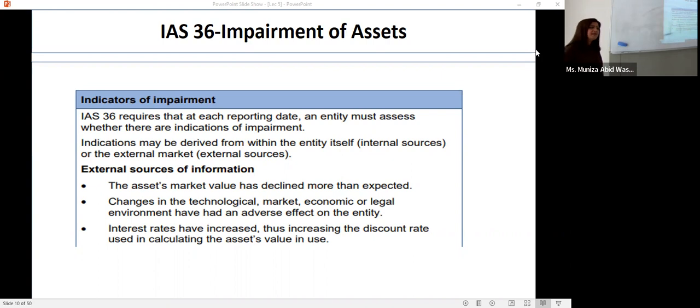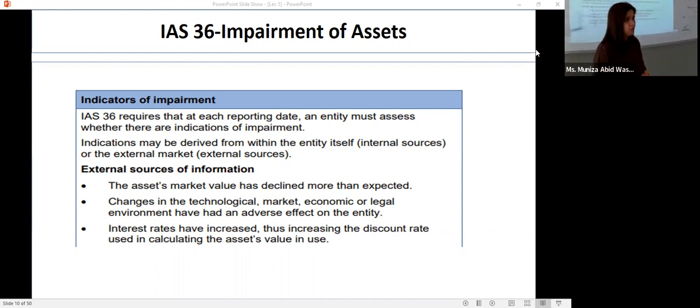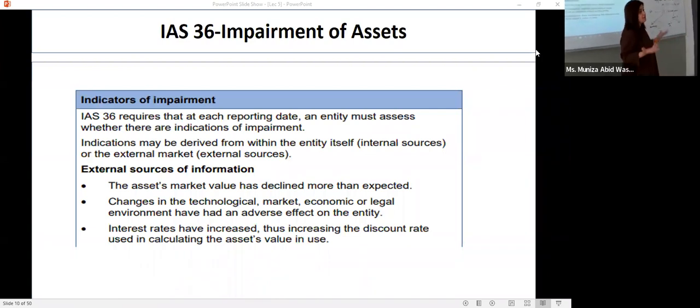Okay, now, as we have discussed, whenever we are considering an impairment, we are going to consider the indicators of impairment. We do not start reviewing an impairment immediately. We do not start doing this calculation immediately in practical life, of whether carrying value is greater than the recoverable amount or not. First, we see the indicators of impairment. That is why impairment is in regard to the prudence concept.